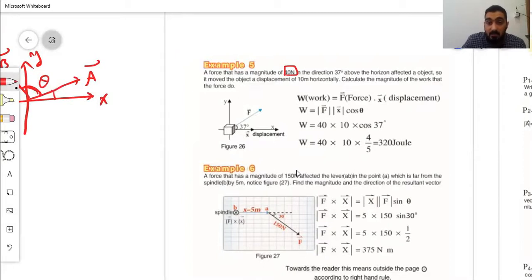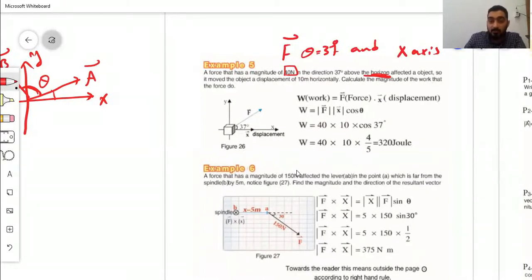This sentence means that the vector F that has 40 Newton makes an angle theta equal to 37 degrees between the F vector and the horizontal x-axis. Focus on this: between F and the x-axis.